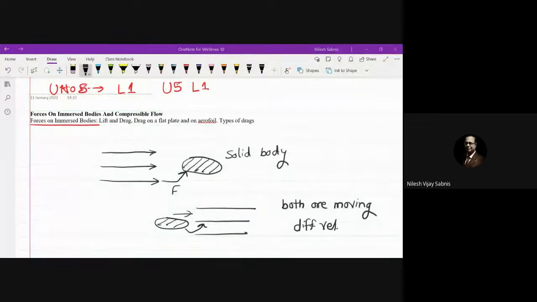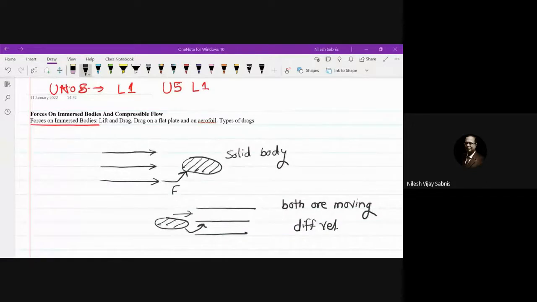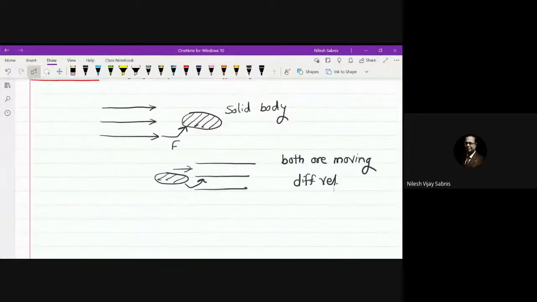If both are moving, any idea? Solid body is moving with some velocity. Fluid is also moving with some velocity. Then what will happen? Who will exert a force on whom? Any idea?